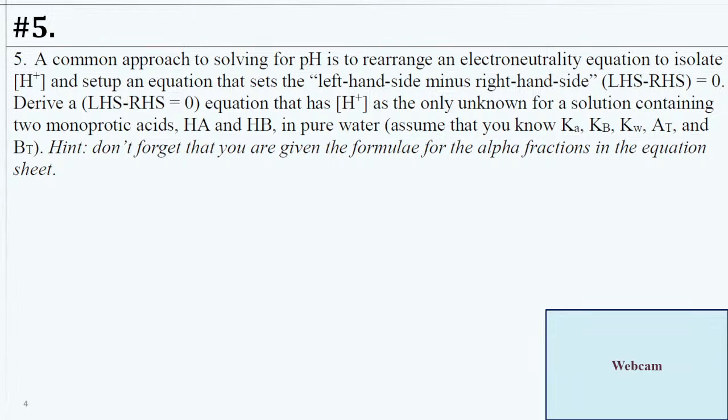So the deal is, for the electroneutrality equation, we want to know, first of all, the ions, right? And then work from there to get left-hand side minus right-hand side. So let's start by listing all the ions. We have H+, we have OH-, we're going to have A- and B-, and really that's it, right?